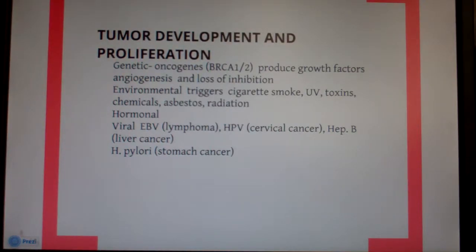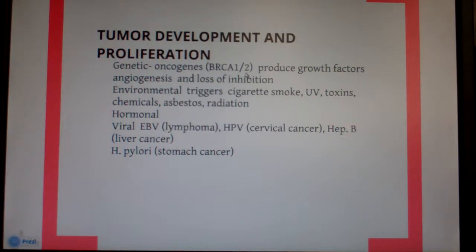Okay, now that I've gone over that a little bit, let's see what else I have to go into. Genetic oncogenes, like we use an example here, BRCA1 and BRCA2, breast cancer 1 and breast cancer 2. These are genetic oncogenes.